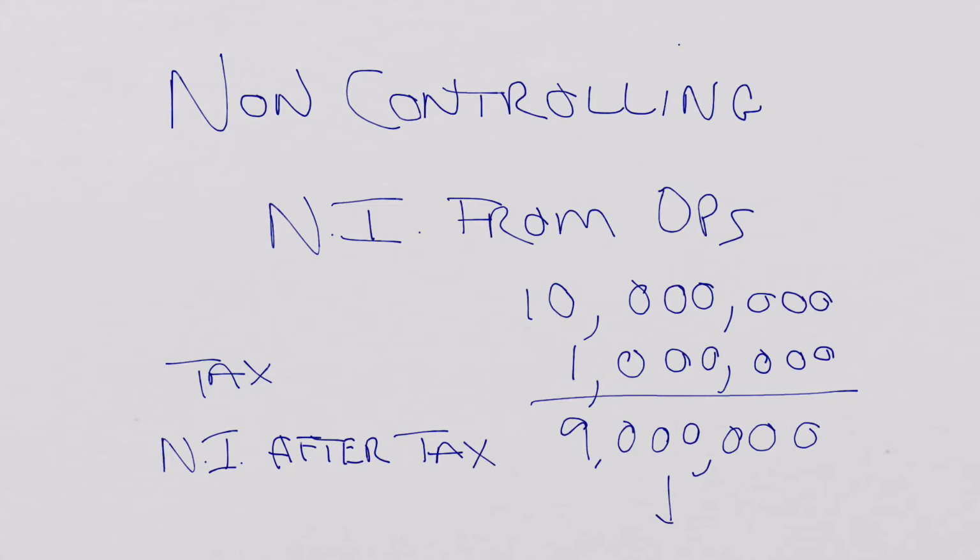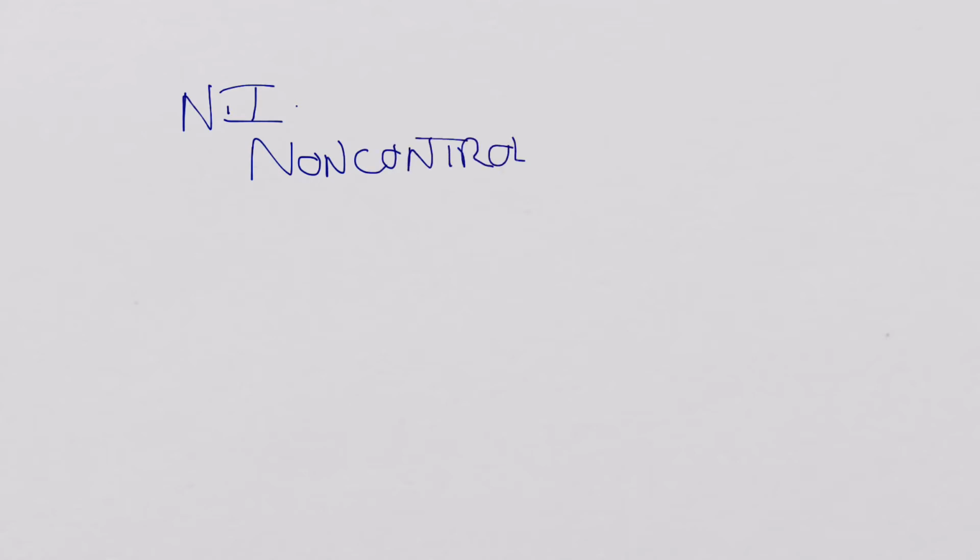Then let's continue this to the next slide, so keep this in mind. Then what you'll see is income or net income, and they'll call it non-controlling interest. And that's what I want to focus on in this little video. Could be a loss also, but again, it's Nike, so everything makes money.